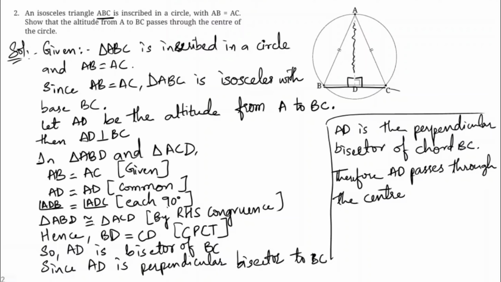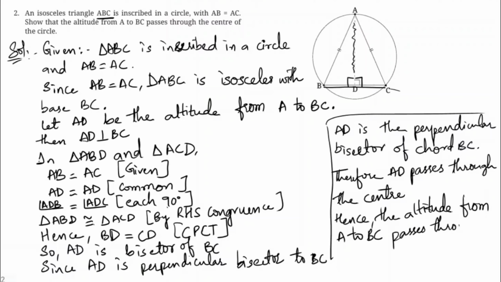So we are going to write down the same sentence of the question: from A to BC passes through the center of the circle.